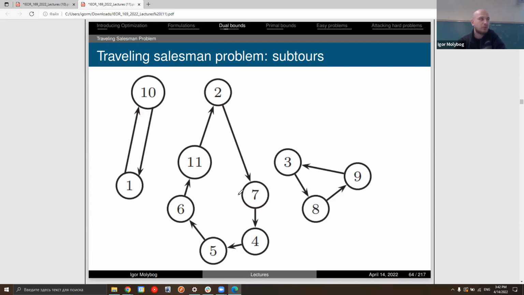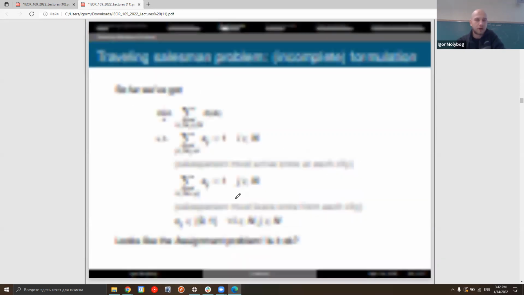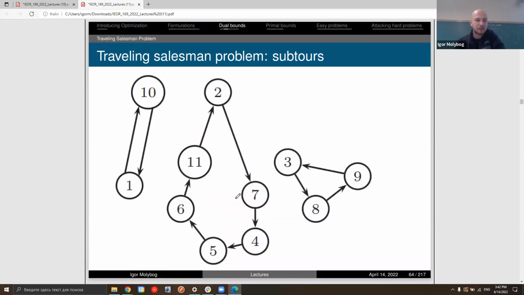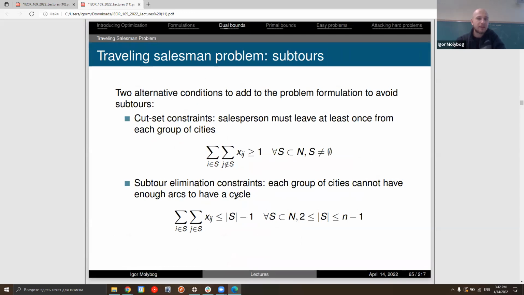A thing like this would be a feasible solution for this original formulation, and this is not something that we want, and therefore we came up with 2 ways to eliminate subtours, and each of these ways had an exponential number of inequalities.